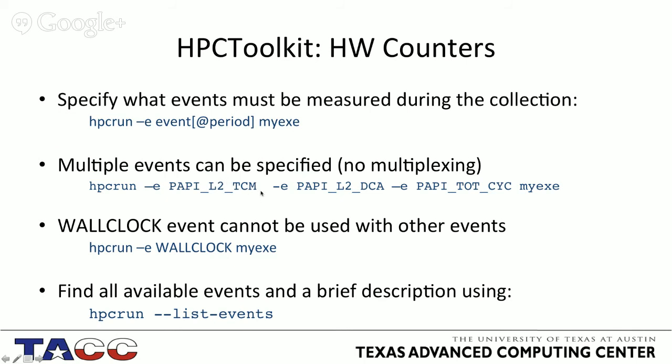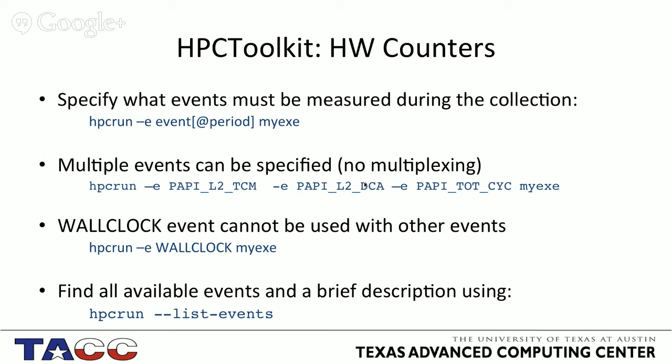So how many times during my execution did I look for something in cache level 2 and it wasn't there? I'm going to look at data cache accesses. So how many times did I try to access L2? The reason I want to look at these two is that then I can divide them and I can get number of misses over number of accesses, and that will give me an idea of how badly my code is trying to reuse L2 data, right?